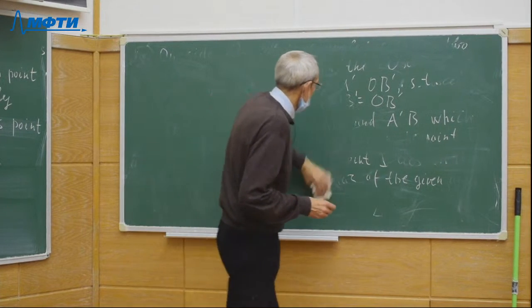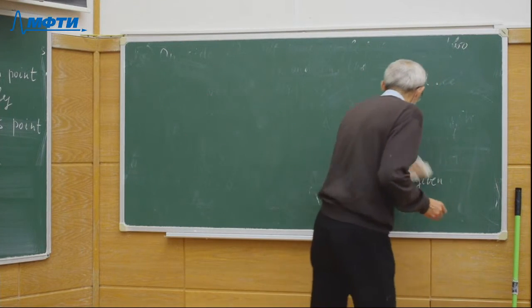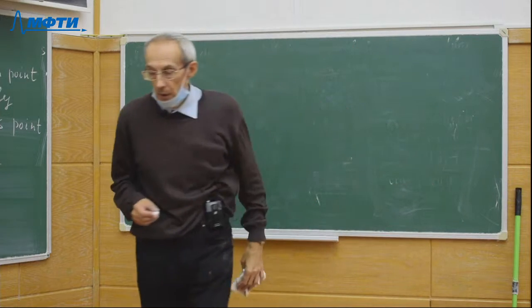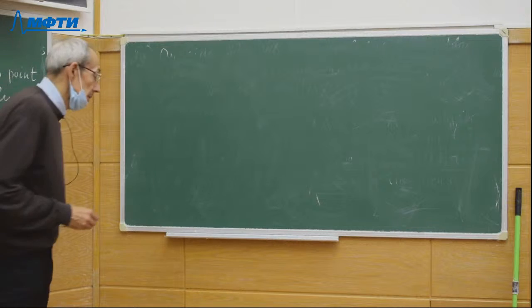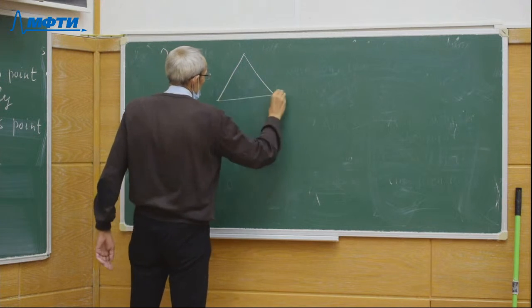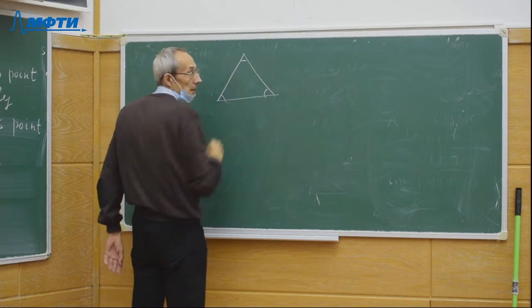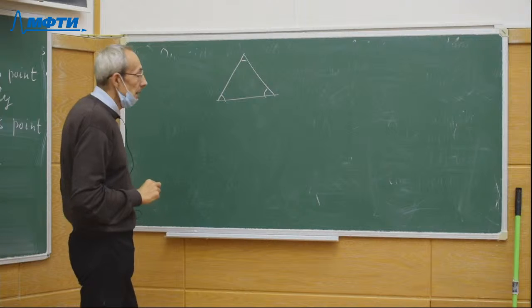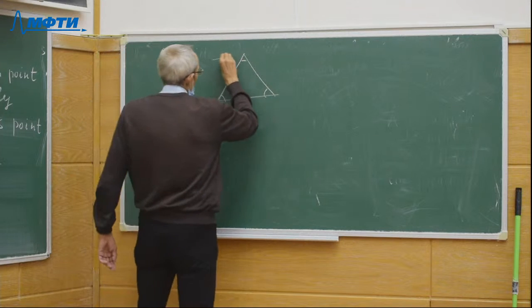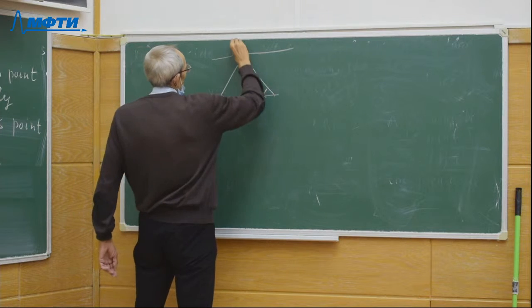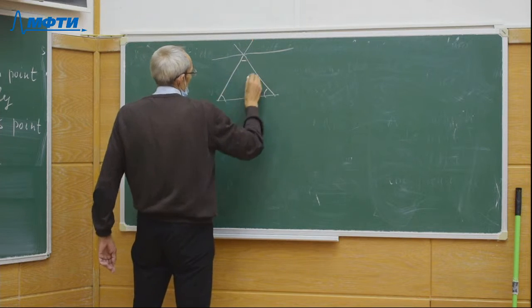We repeat the following proposition. We use the following proposition: if we have a triangle, the sum of all angles of the triangle is equal to 180 degrees. And in the last lecture, we proved this assertion.